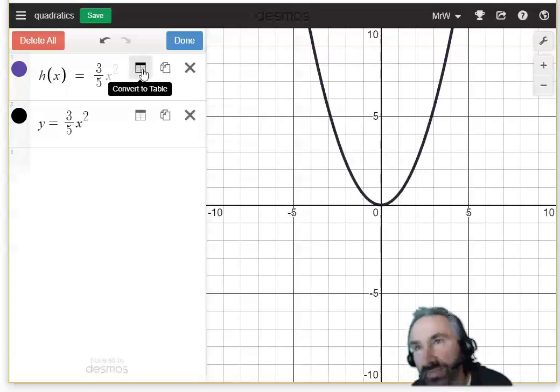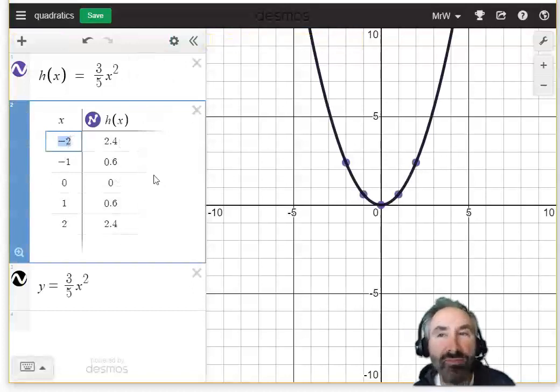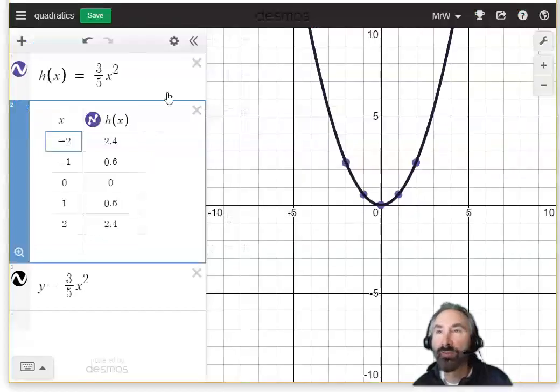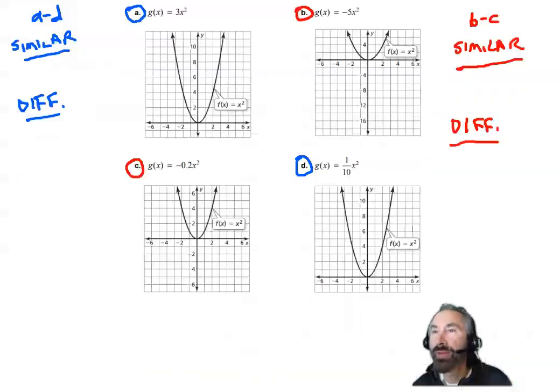So I'm going to go ahead and click on that table. What you can see is it'll give me some x values and the y values, and you will graph these x and y values onto your coordinate planes over here. Cool, huh? And if you want to get rid of that table, you can always just say bye-bye. That's just fine. Okay, let's get back to the assignment and see what's next.